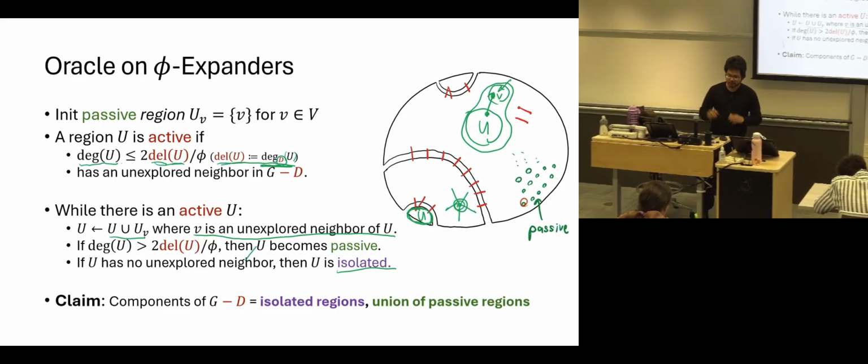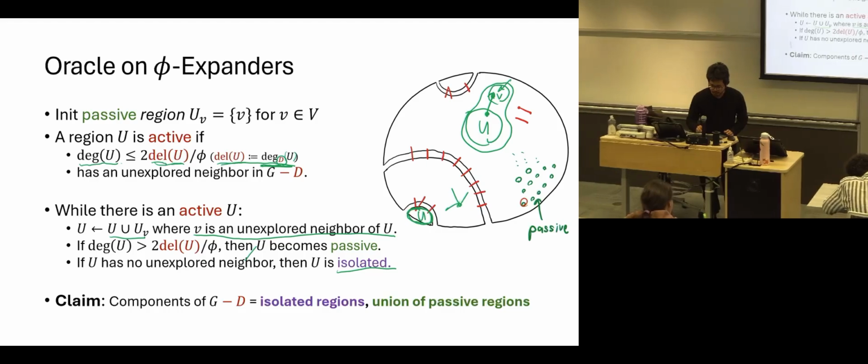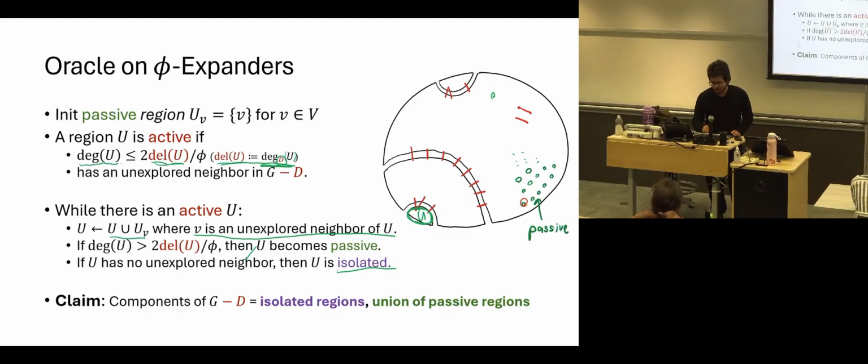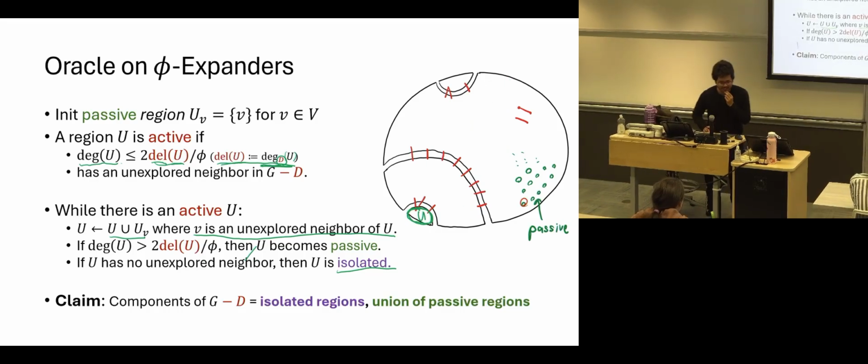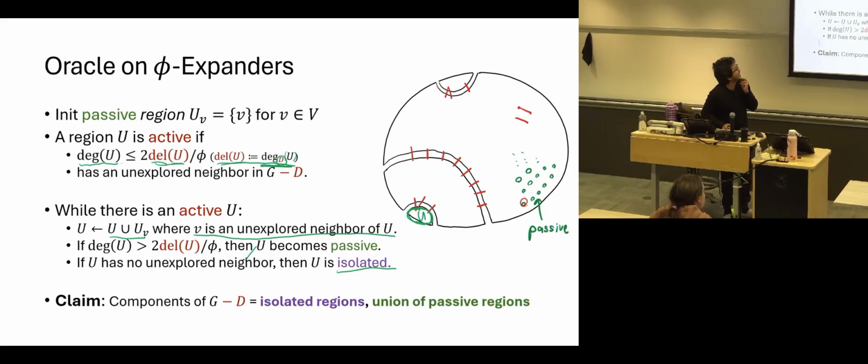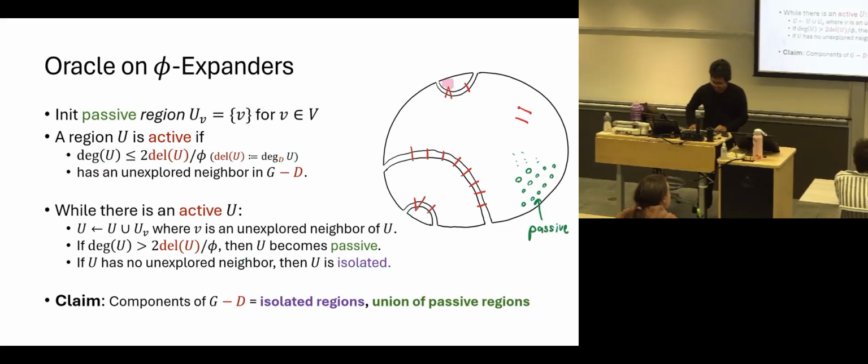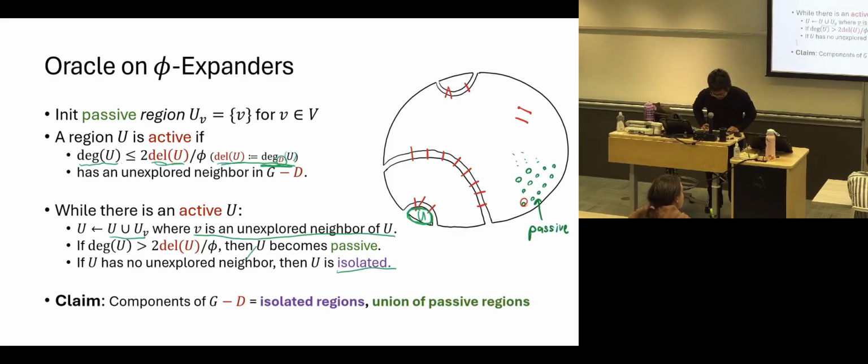So that's the algorithm. I spent so much time making this animation, so let's see. In the beginning, a lot of nodes here are passive, right?